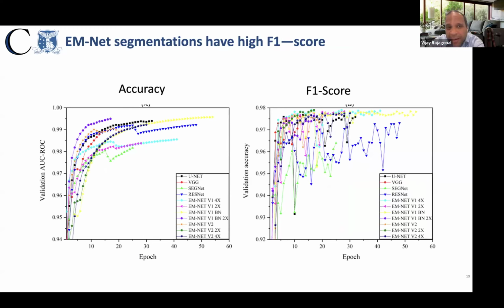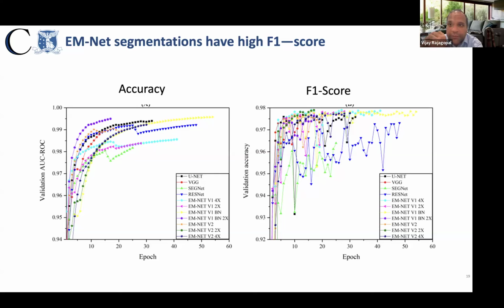We call this EMNet, but to be very transparent, there's nothing really novel about this UNet being used for EM data. It's really the trainable linear unit that makes this a powerful algorithm.